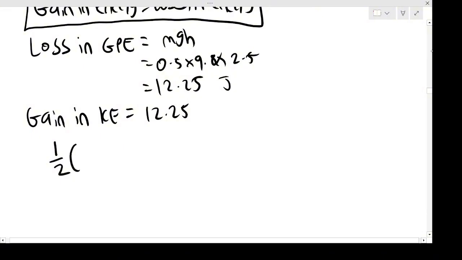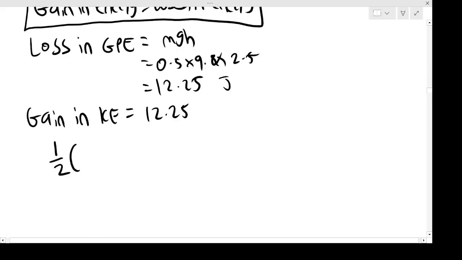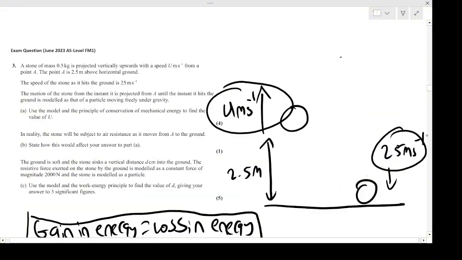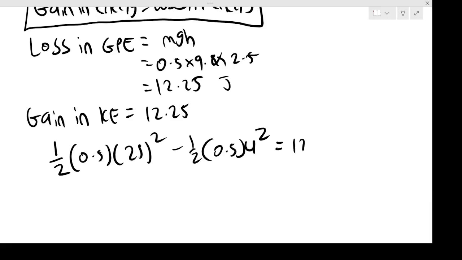times the final speed. The mass is 0.5, so half times 0.5 of 25 all squared. Take away the initial speed, which is u, so it's just going to be half of 0.5 times this u squared. Again, that's going to equal 12.25.